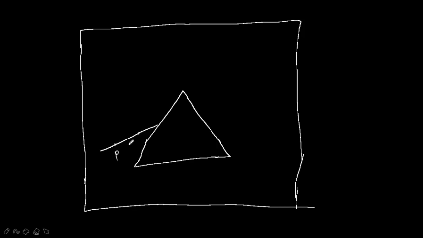I will mark one as P and here I will mark the other as Q. Clear? P and Q. Then I will mark this point as E, wherever this line joins the surface AB. And I will mark the triangle's vertex as C.